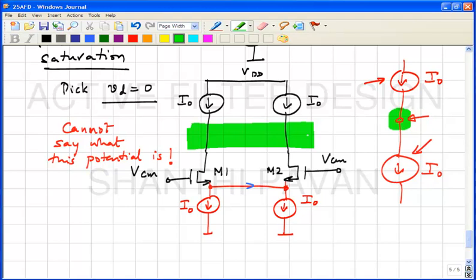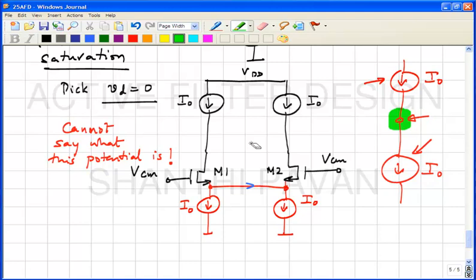You understand? So are we in a good situation or are we in a bad situation? Bad situation. Why are we in a bad situation? We have absolutely no idea what's happening, because the output common mode, which you want to be higher than what?